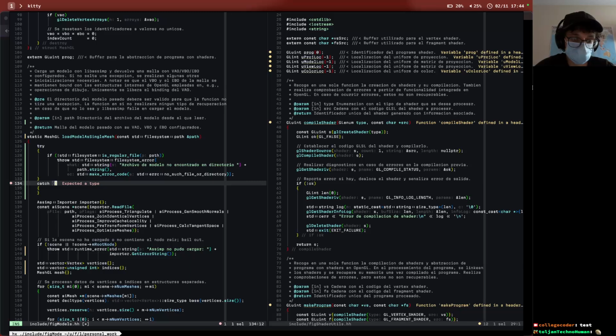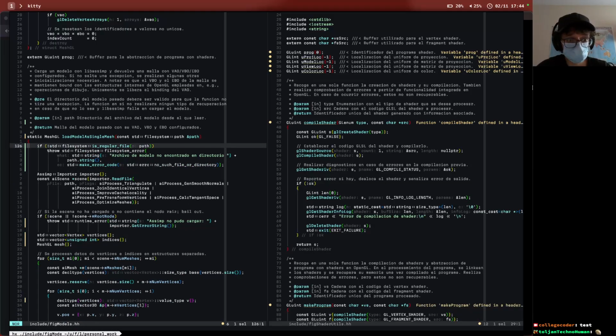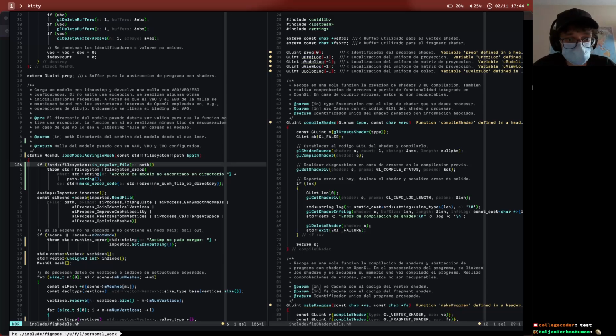The try-catch block is supposed to happen wherever it is that I call it from, seeing how it's only supposed to be used on the Fig teapot, Fig airplane, and Fig, well, unit circle, unit cube, unit cylinder, I think it was, and unit cone. So yeah, I'm just going to get rid of this, and I'm going to get rid of this. I'm just going to add this so that it checks that it's a regular file, the one that we get passed. If it's not, then we're going to do that, and that's it.